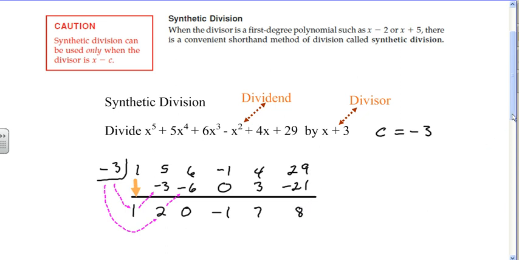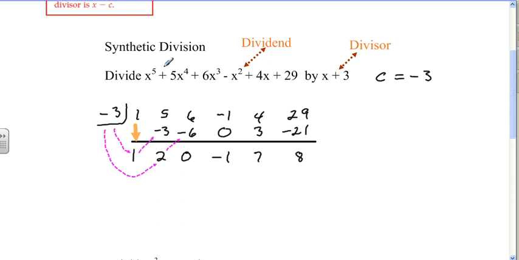Now when we're dividing here, we have a 5th degree polynomial divided by a 1st degree polynomial, which is going to result in a 4th degree. So we're going to start out, we have 1x to the 4th power plus 2x cubed, and there's no x squared term, and then minus x and plus 7.